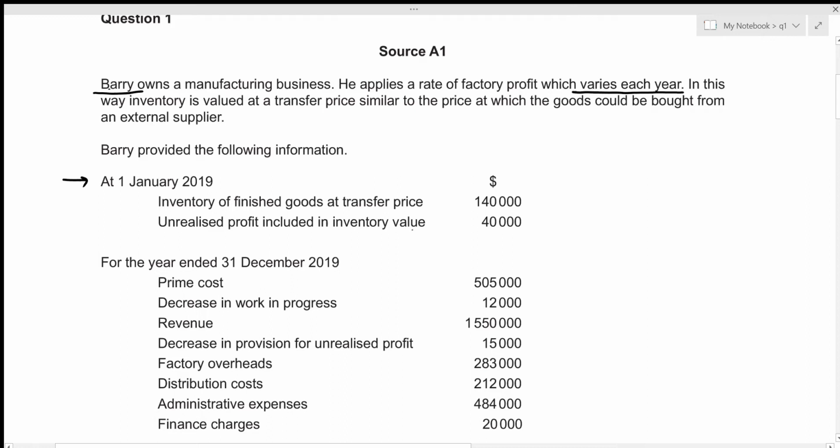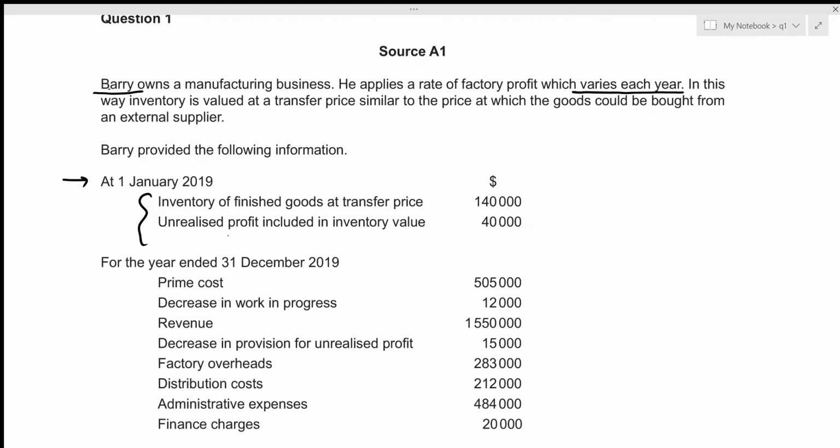So if we were given information stating that the rate of factory profit is constant each year, then we could have used this information, figured out our factory profit rate, and applied the same rate to this current year's inventory of finished goods at transfer price, right? But we were explicitly told that the rate of factory profit varies each year, so we cannot figure out our closing unrealized profit included in the inventory value by this method.